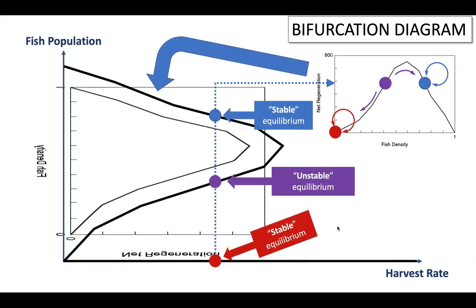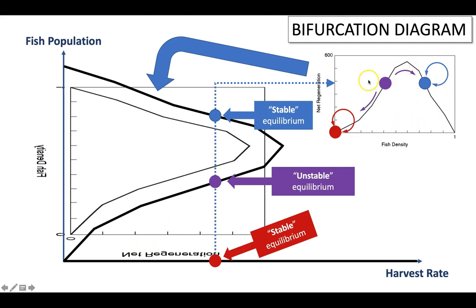So what we're going to do is try to build a diagram where we catalog all of the equilibria for each harvest rate. For this one harvest rate, we've cataloged this one and this one. And you can see that if we take this net regeneration lookup table and flip it around, so that this was in fish density, but if I scale fish density, I can get fish population, and then net regeneration rate on the x-axis, which I turn into harvest rate.